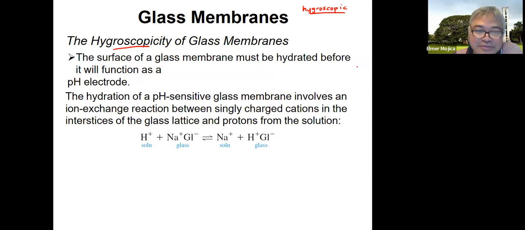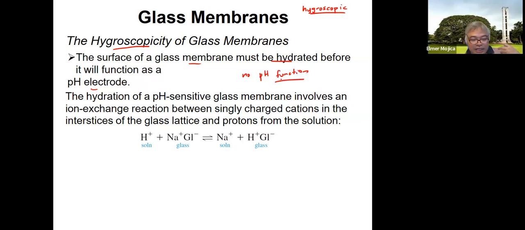Okay, so if you're going to look at the hygroscopic nature of the glass membrane, usually the surface of the glass membrane must be hydrated before it will function as a pH electrode. That's why you cannot let it dry. Okay, because non-hygroscopic glasses would show no pH function.